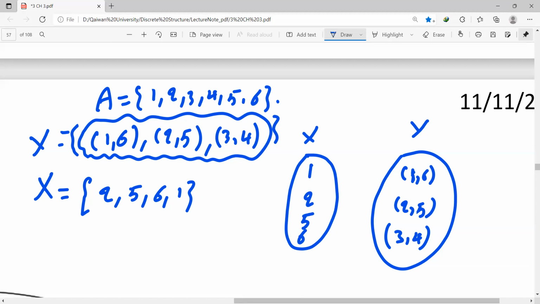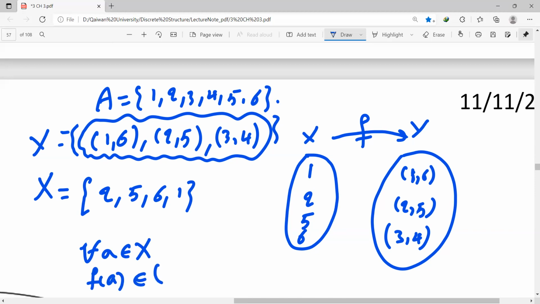Now we define a function f from X to Y, such that for all a in X, f of a belongs to a pair, one of the pairs.